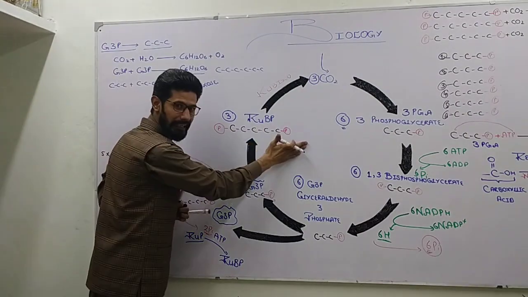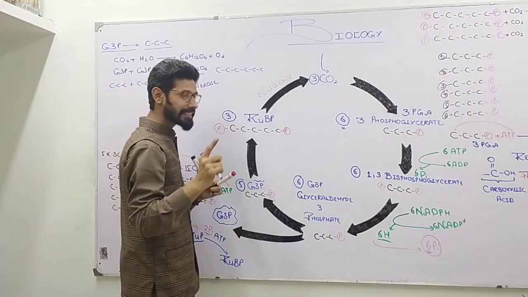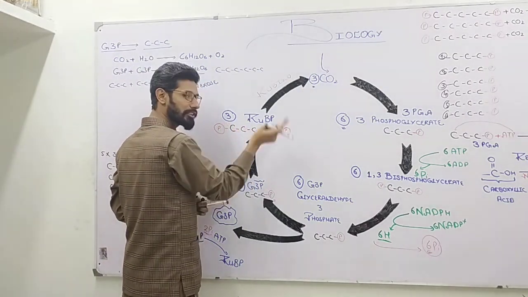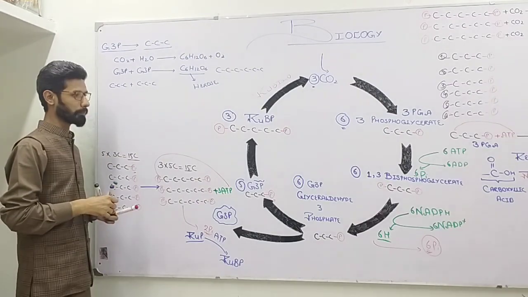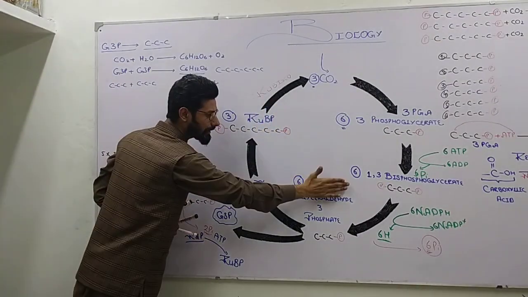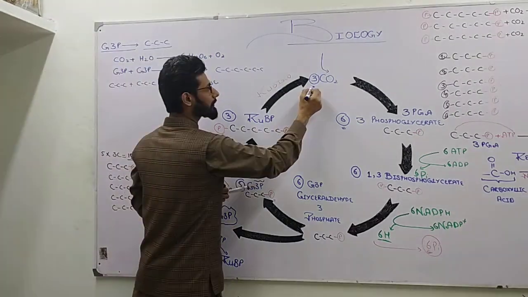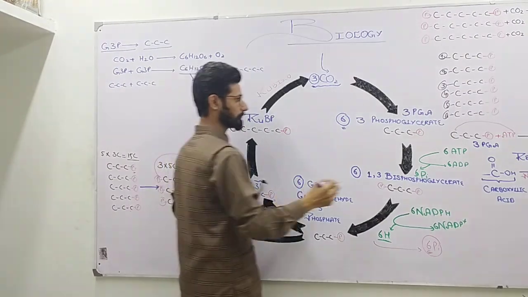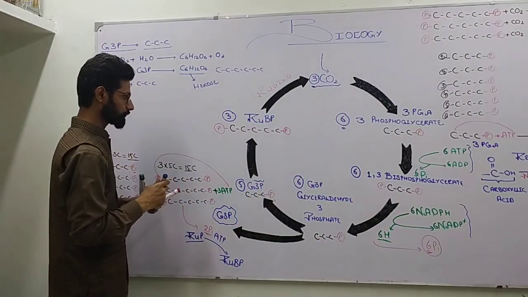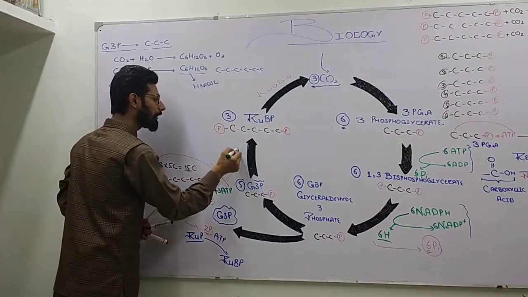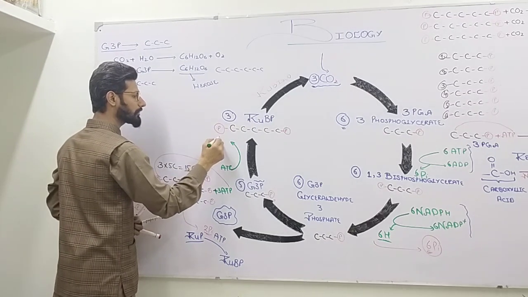So you need 2 cycles to form a glucose molecule, where each cycle adds 3 carbon dioxide to 3 molecules of ribulose bisphosphate. If you write this cycle in just one line, you are adding carbon dioxide, ATP molecules, and NADPH. Remember that here you have also added 3 ATP molecules to phosphorylate ribulose phosphate into ribulose bisphosphate.